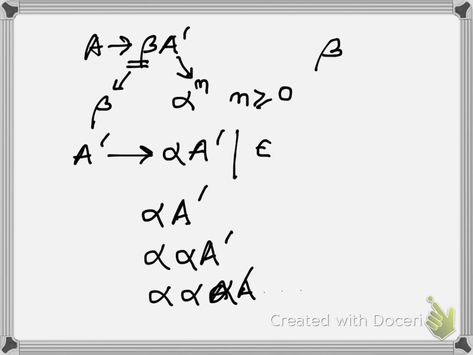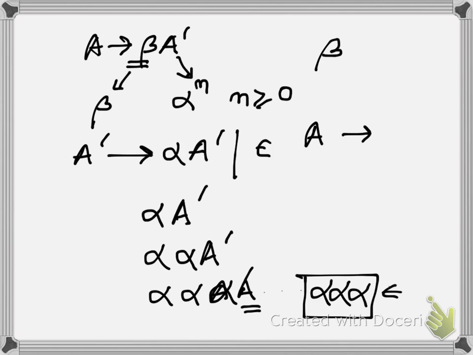It can go on like this until I terminate it by using epsilon. So I get a string of alphas. A dash always derives a string of alphas, alpha to the power n, where n is greater than or equal to 0.